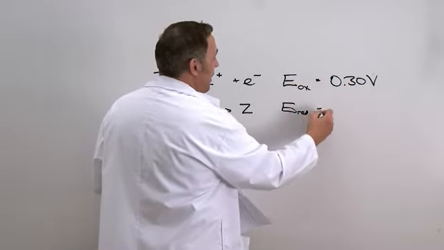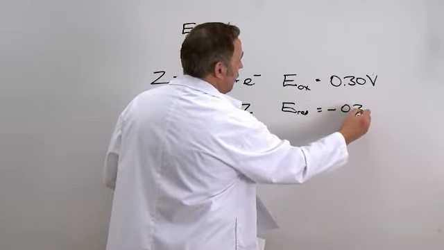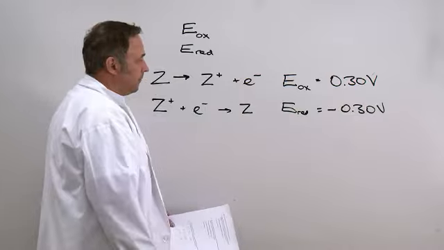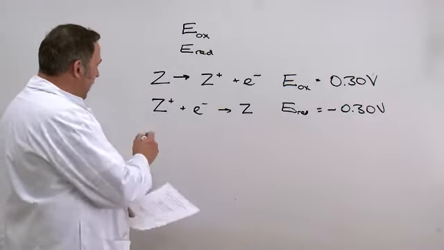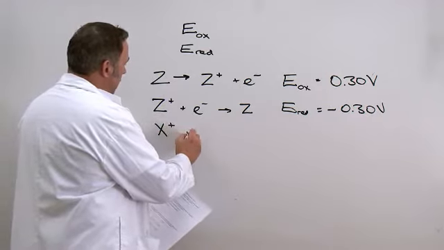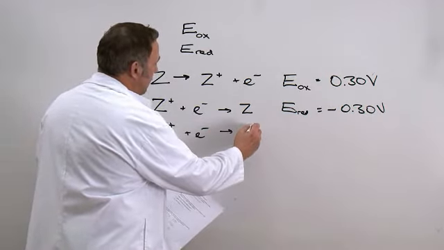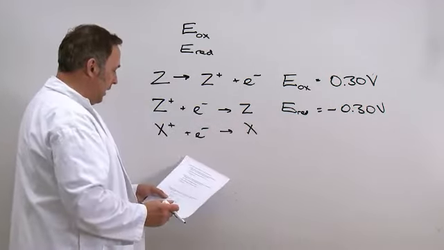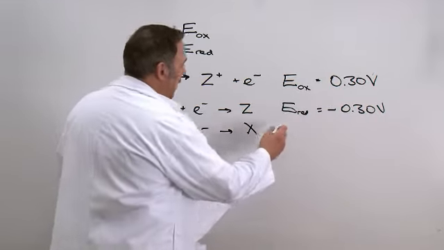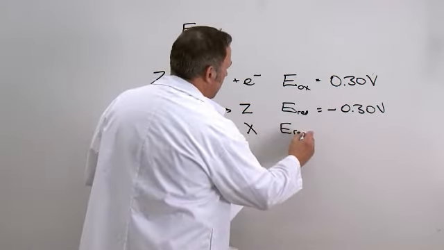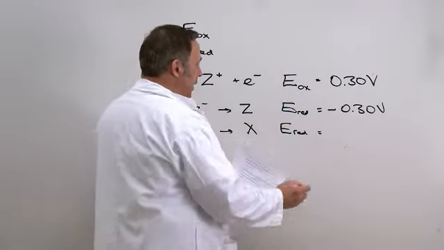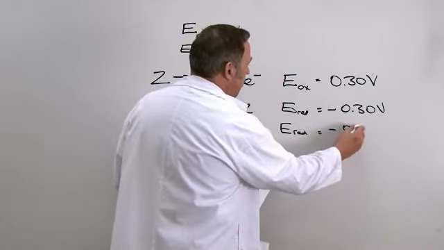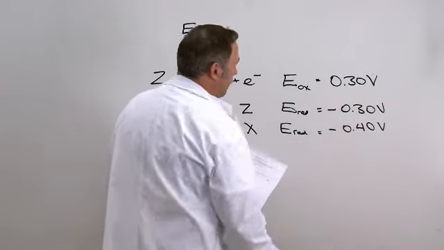So it's going to be negative 0.30 volts. I'm going to do the same with the other one. It's the X ion and an electron producing the X solid, and my E for this reduction potential is going to be negative 0.40 volts.